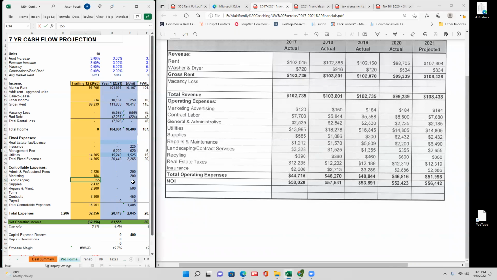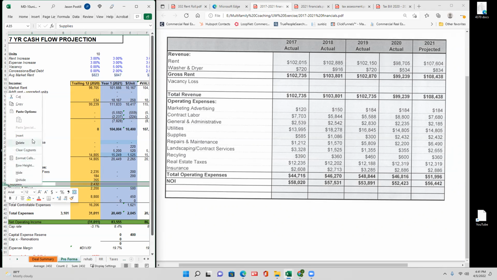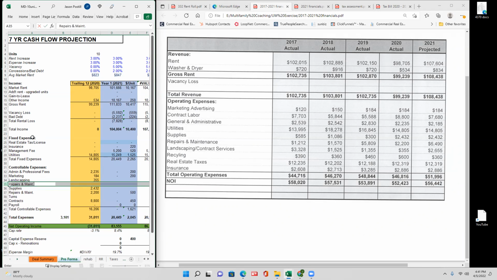All right, we cleaned up that. So now we have admin and professional fees. We got our utilities. Let's add recycling. How much is that? 600.